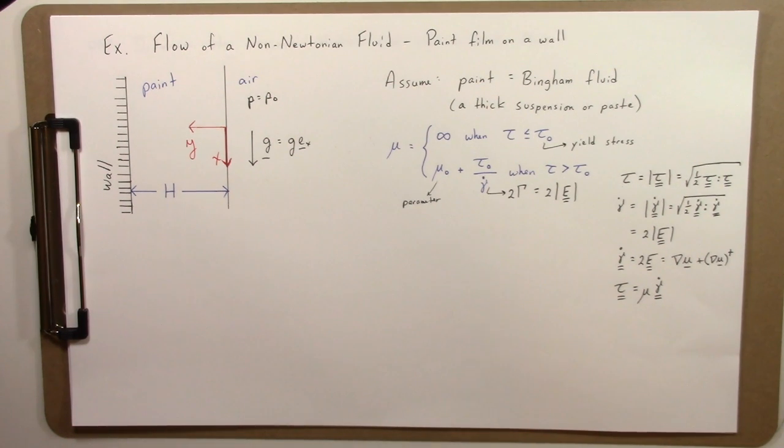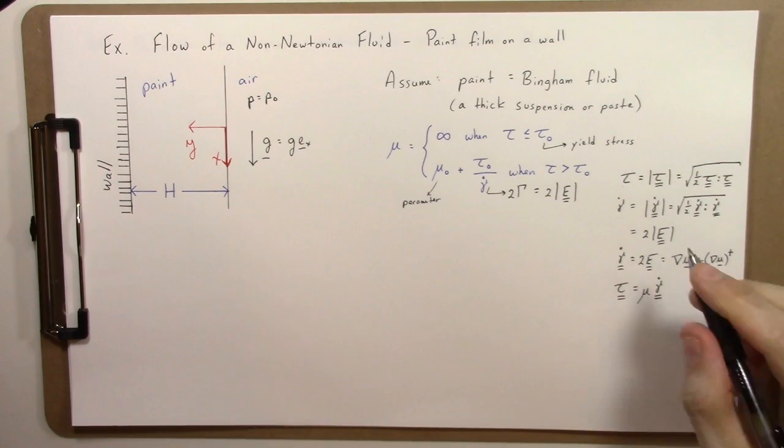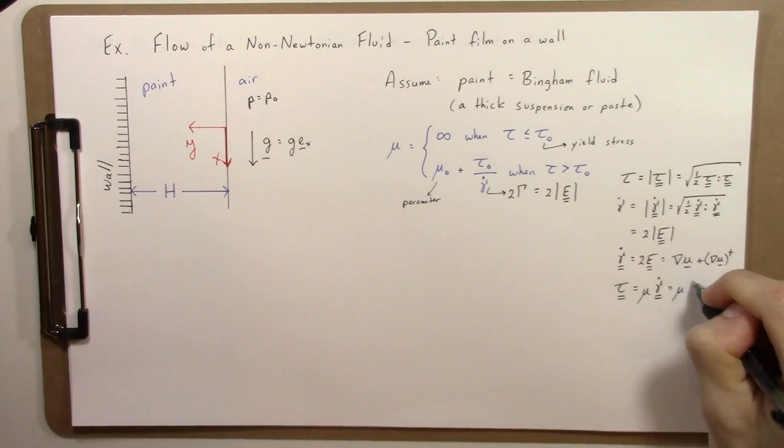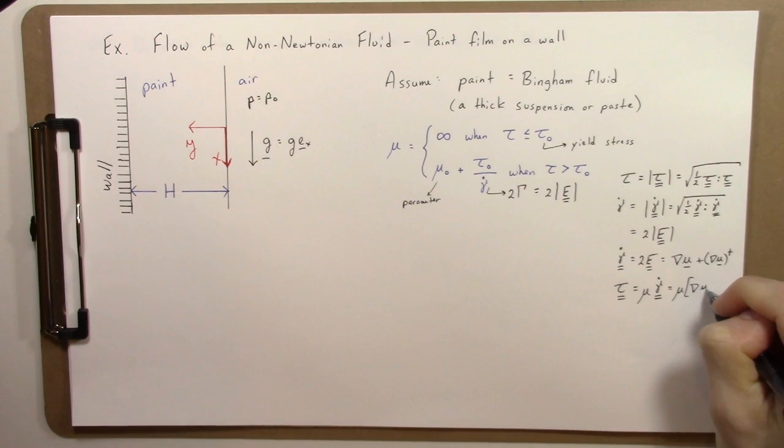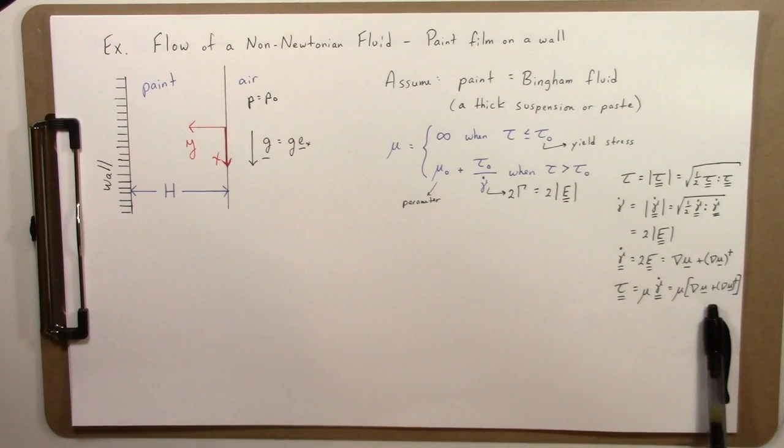So once again, a Bingham fluid is one of the generalized Newtonian fluids. The viscous stress tensor tau is similar to that for a Newtonian fluid, so it has the same form. Tau is equal to mu gamma dot, so it's equal to mu times del u plus del u transpose. So it looks just like a generalized Newtonian fluid.